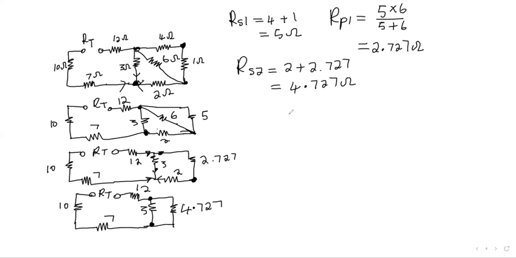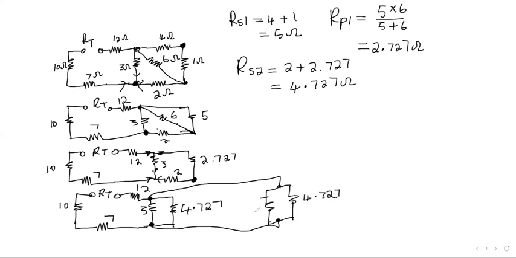Let me just adjust it. People will say I'm lying, or that I don't make sense. So I'm adjusting the wires. I want to show you something. I can put it here. So that will be a wire, and that will be another wire. So you see, it is still 4.727 and 3 ohm here.